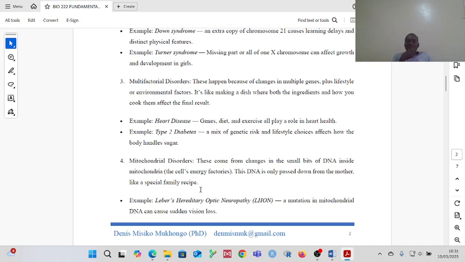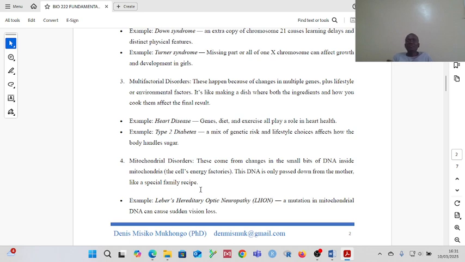The other example of the type is the mitochondrial disorders. When I was teaching you about DNA, we saw that there is DNA which is found within the nucleus, the genome. That's the genomic DNA or the nuclear DNA.